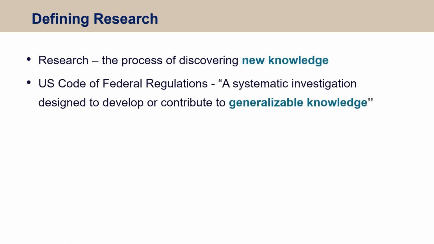In a more formal way, the US Code of Federal Regulations defines research as a systematic investigation designed to develop or contribute to generalizable knowledge. There are very important keywords here, especially the words systematic and generalizable knowledge. These are crucial elements in the definition of research.